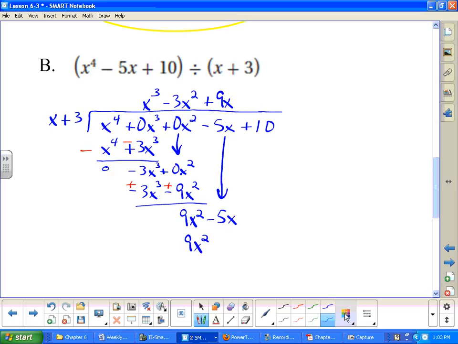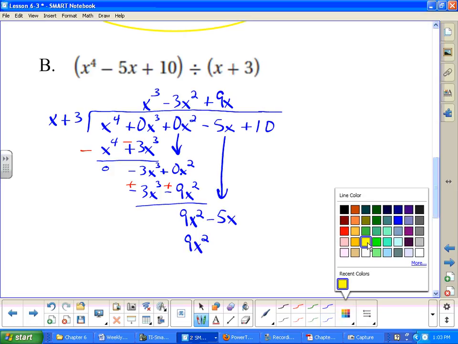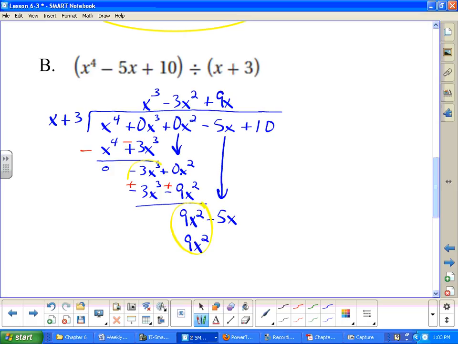In every situation, these have always got to be the same. Okay? If they're not, then you've made a mistake. So 9x times x, 9x squared, 9x times 3 plus 27x.